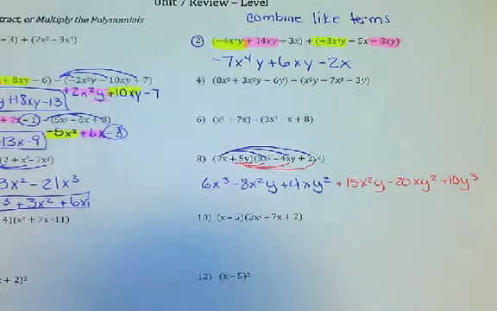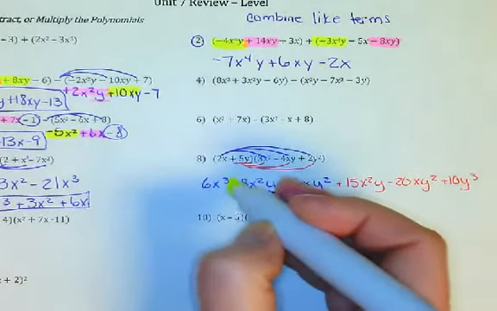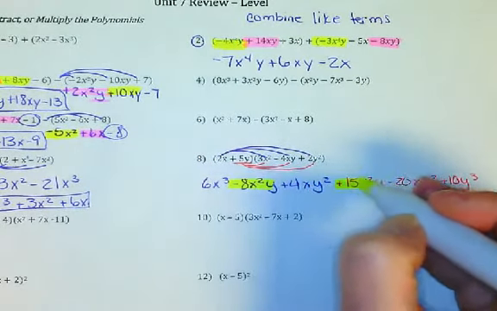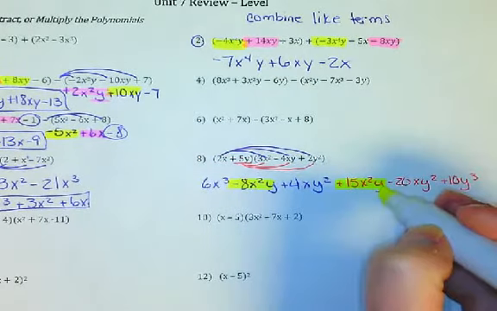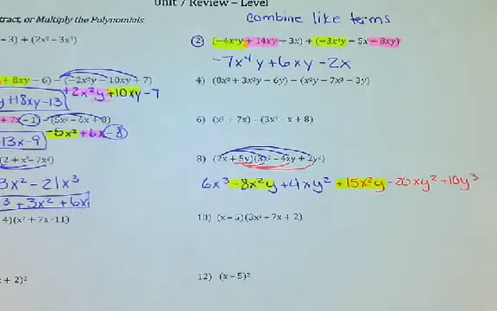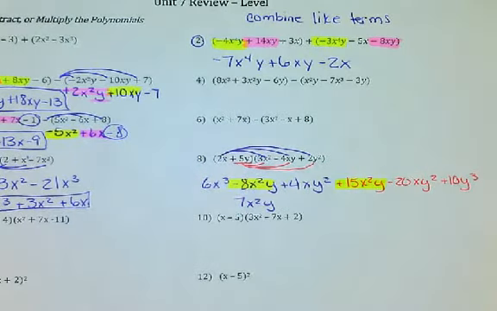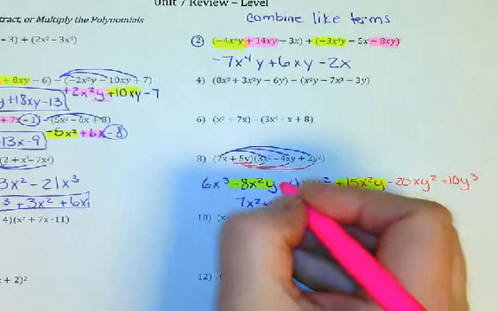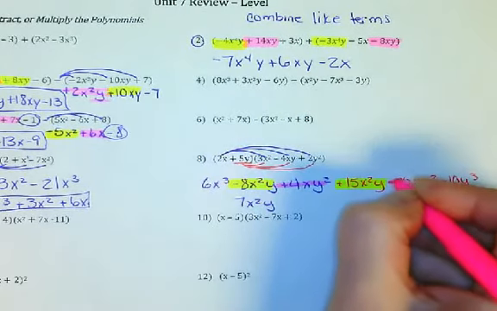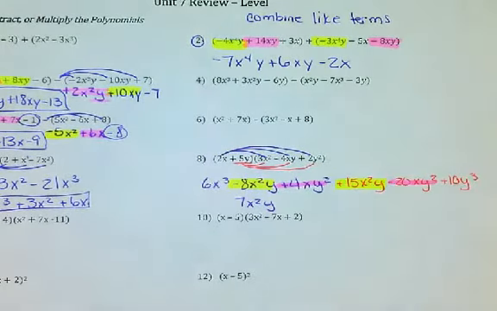Alright, so I'm going to go back to adding where I start combining my like terms. I notice that I have some x squareds here, and I have an x squared y. So that would give me 7x squared y. I also notice that I have xy squared here and an xy squared here.